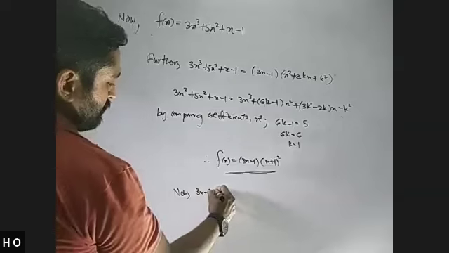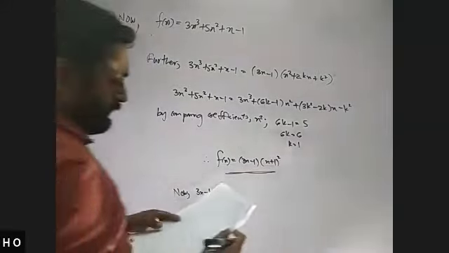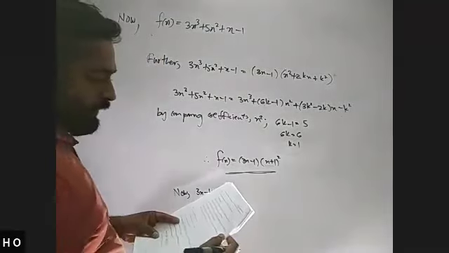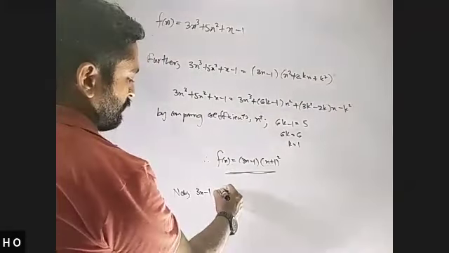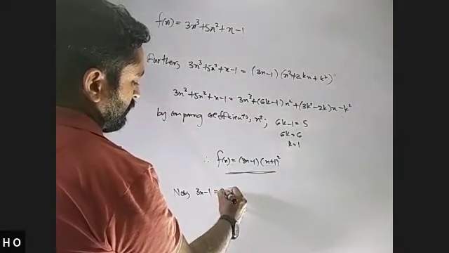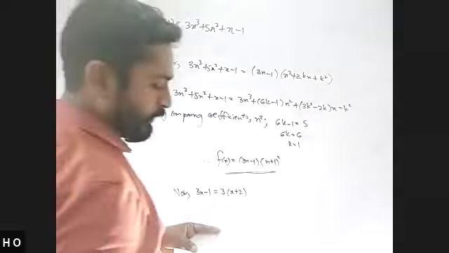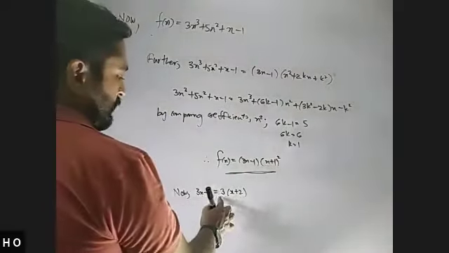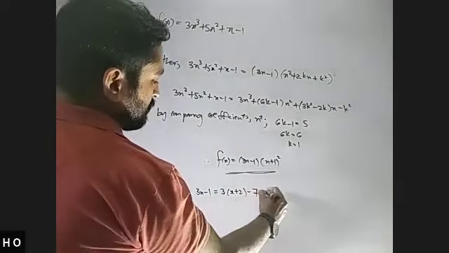As far as by writing, you can see now 3x minus 1 is b into (x plus 2) plus c. By the way, the coefficient of x should be 3, so 3 into (x plus 2) plus c. 3x is okay, plus 6 is okay, but you need minus 1, so it is minus 7.